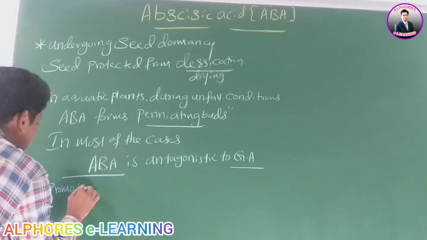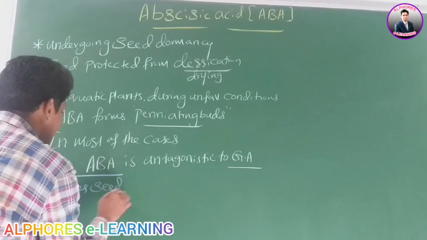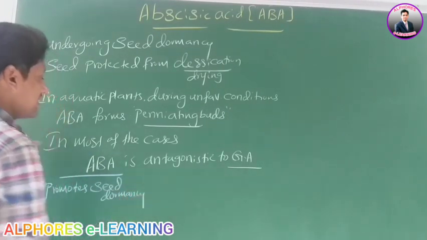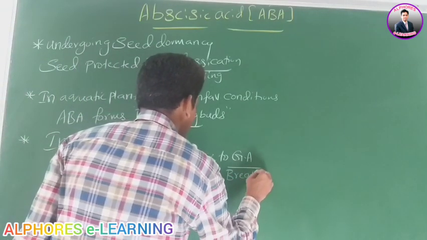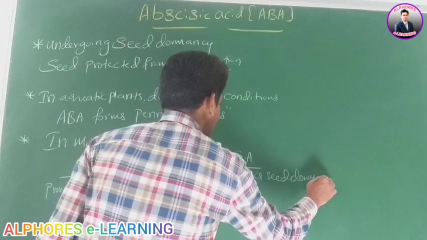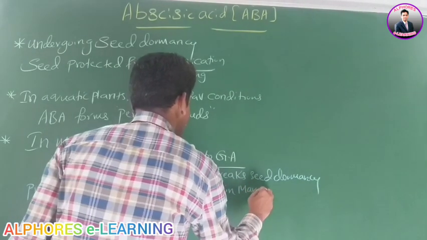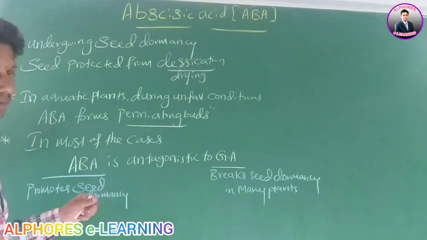Seed dormancy. Whereas gibberellic acid, what is it doing? Breaks seed dormancy. It breaks seed dormancy in many plants.